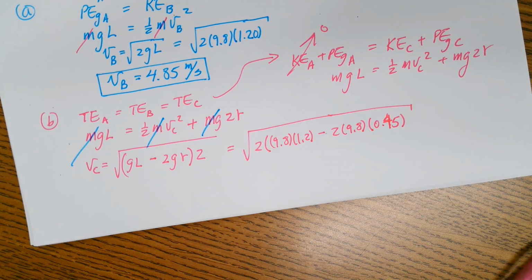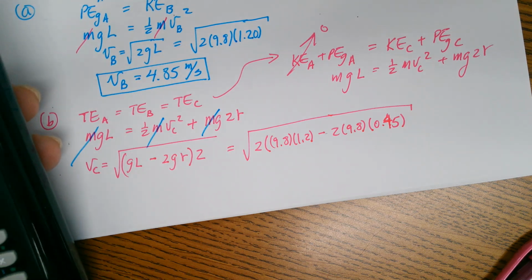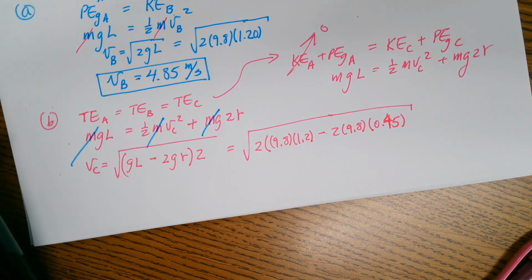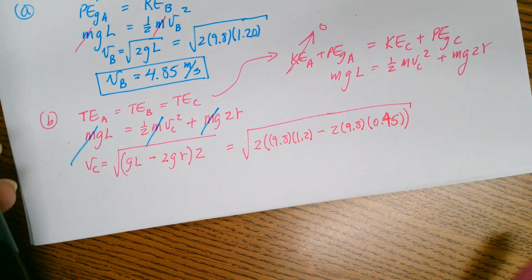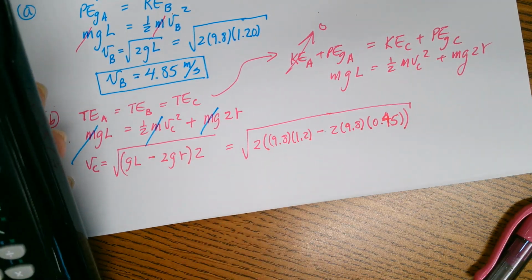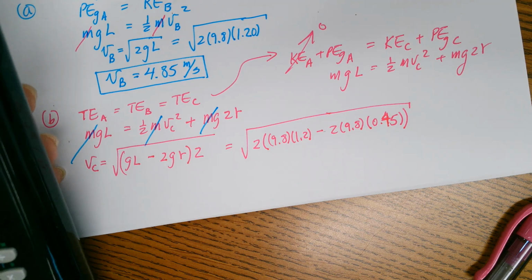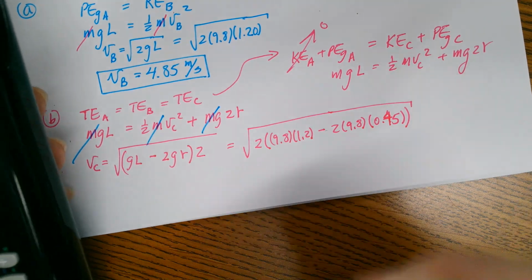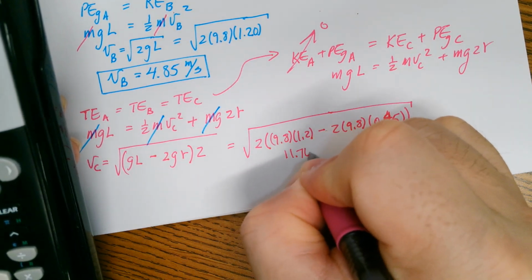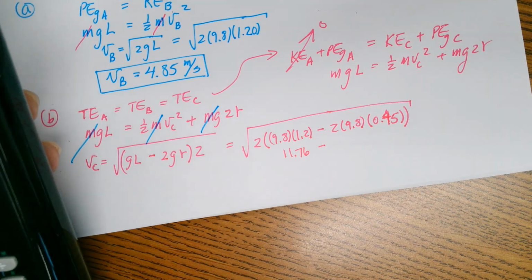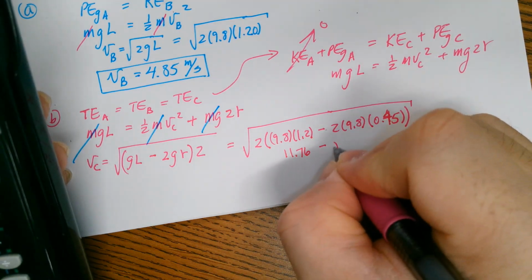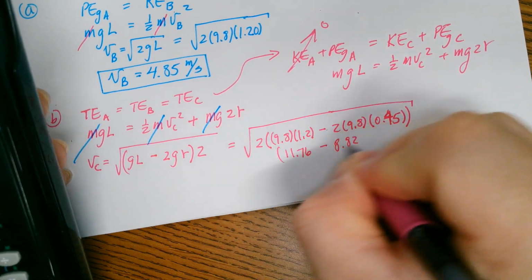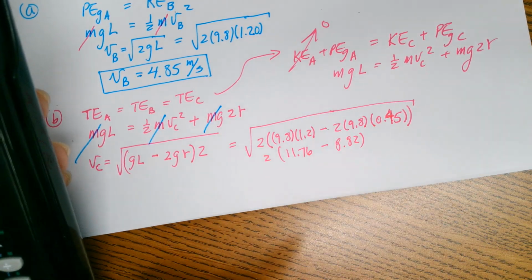All right. So what do we get? So here, 9.8 times 1.2, and I get 11.76, minus 8.82.